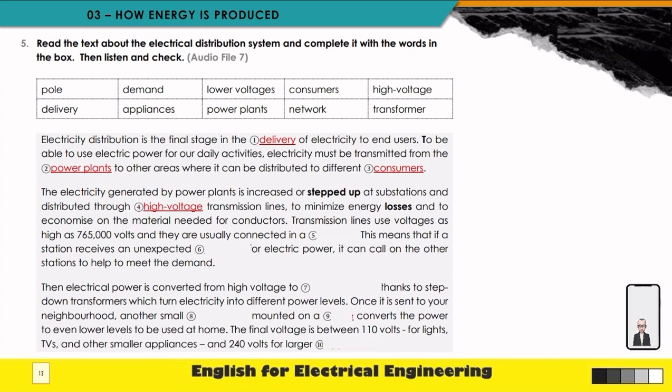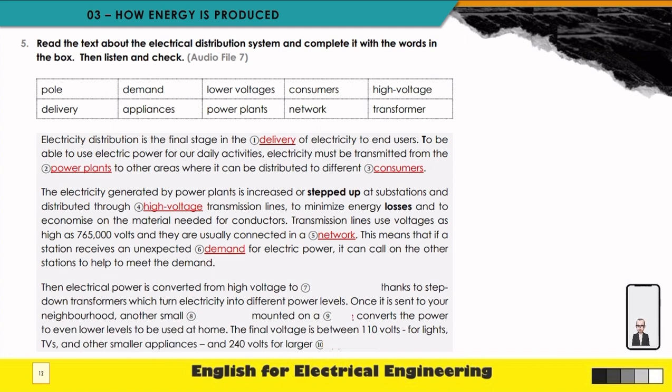Transmission lines use voltages as high as 765,000 volts and they are usually connected in a network. This means that if a station receives an unexpected demand for electric power, it can call on the other stations to help to meet the demand.